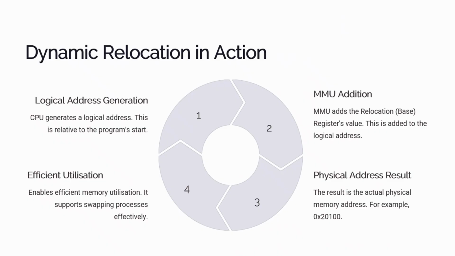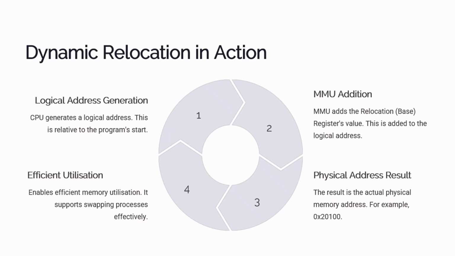Now, let's walk through a simple example of how dynamic relocation works. Firstly, the CPU creates a logical address. Then the MMU adds a relocation or base register's value to this address, giving the final physical address.